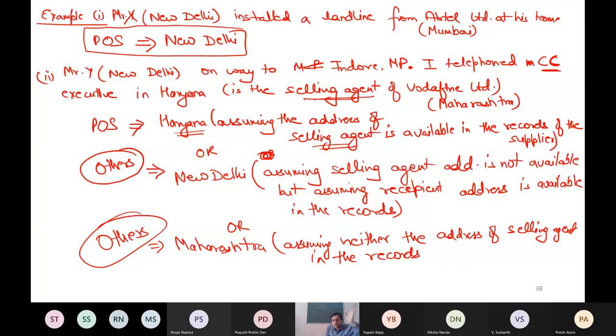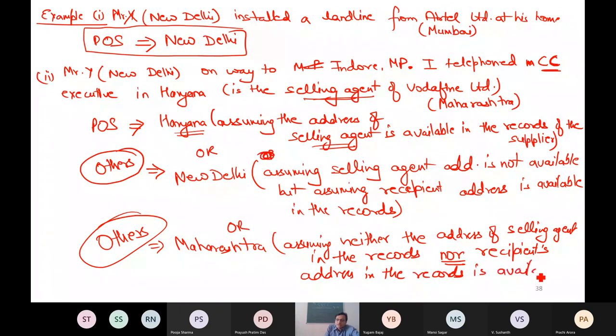That address is the answer, not the actual address. Assuming neither the address of selling agent in the records is available, nor recipient's address in the records of the company. When I say records, by default I am concerned with the records of the supplier. I hope this point is clear.